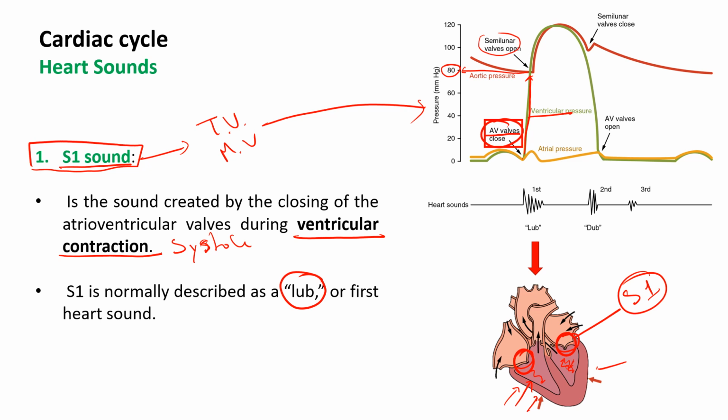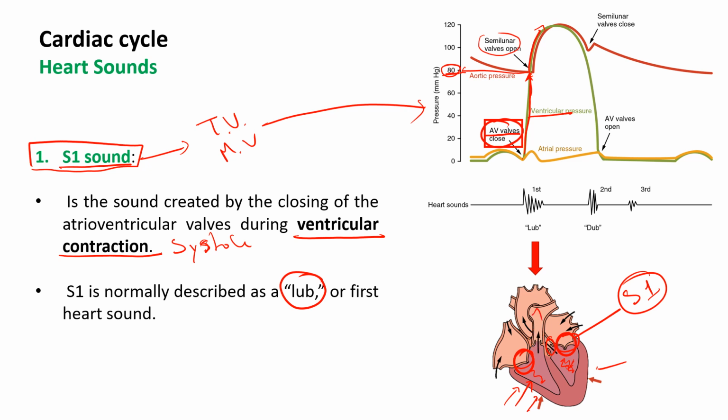So once the ventricles reach that 80 millimeters of pressure, that is enough to open the pulmonic and the aortic valve, and then the blood can flow, as we can see here in the picture.